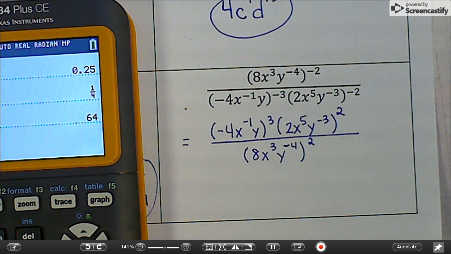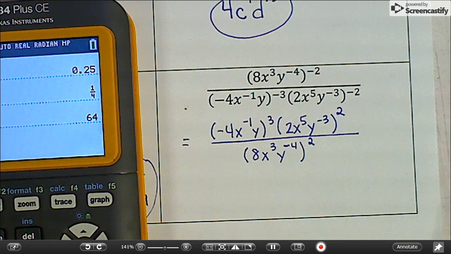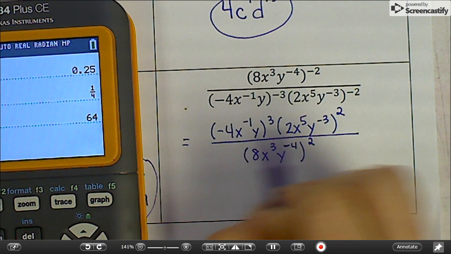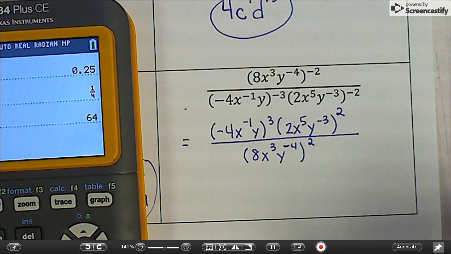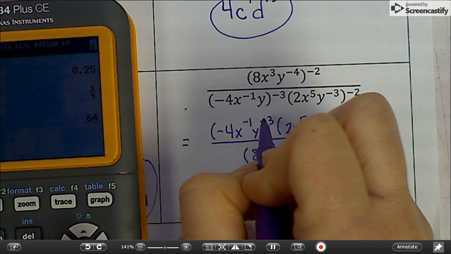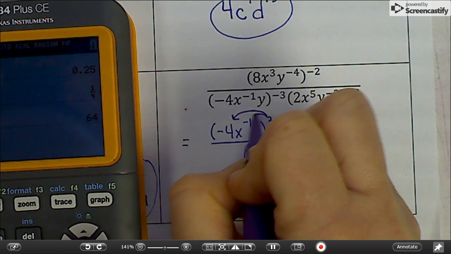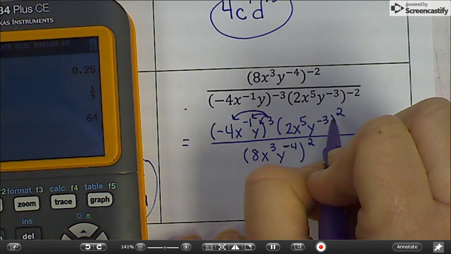All right, now we can really get started. We should probably be looking for something to write on if it gets long. Okay. So we can't multiply yet or divide yet because we have the exponents on the outside. So we're going to distribute that exponent to each thing in the parentheses.